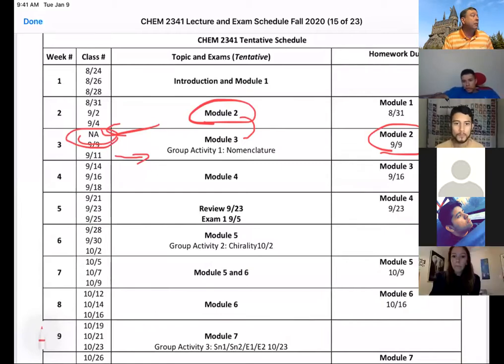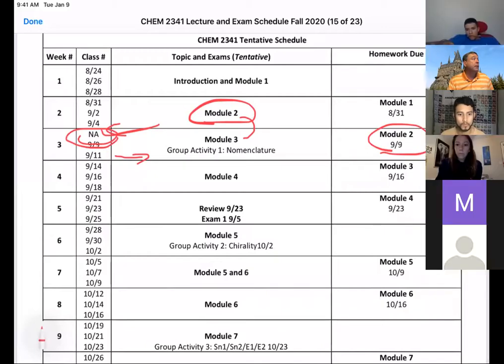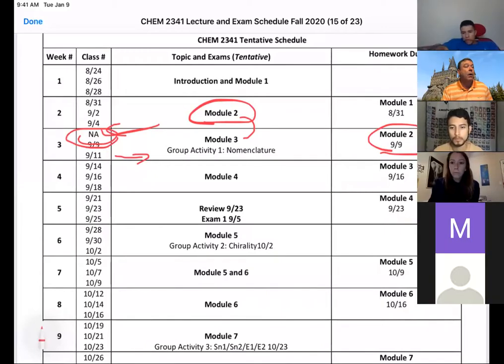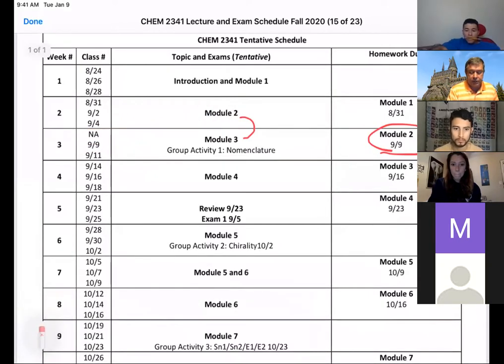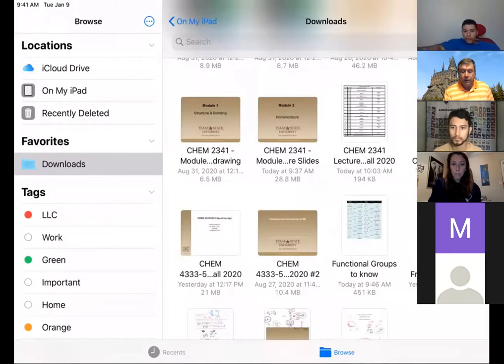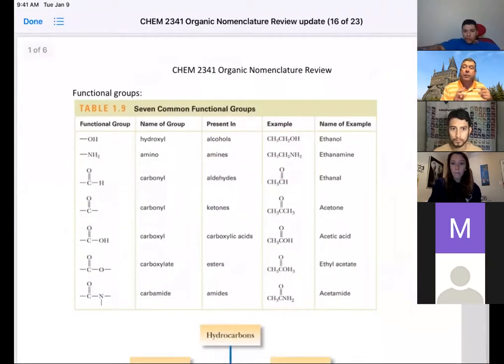Okay, let me put my screen over here since I'm already sharing. In addition to this schedule, I also uploaded a cheat sheet for nomenclature, and it's this right here. It's taken from a couple of different books, but it is the cheat sheet.